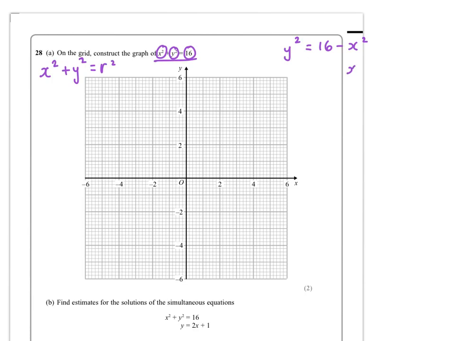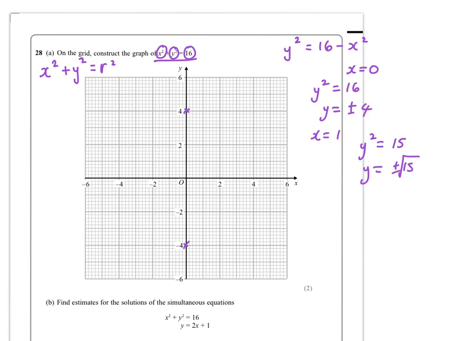So if you said x equals 0, then you'd have y squared is 16, so y is plus or minus 4. So you'd have a 4 here and a minus 4 there. And then if you said, for example, x equals 1, you'd have y squared equals 15. And if you did the square root of 15, let's look at that on our calculator, because don't forget it is a calculator paper.